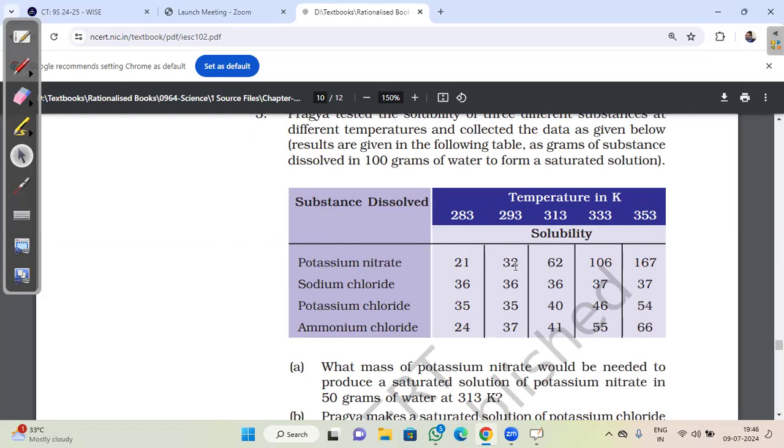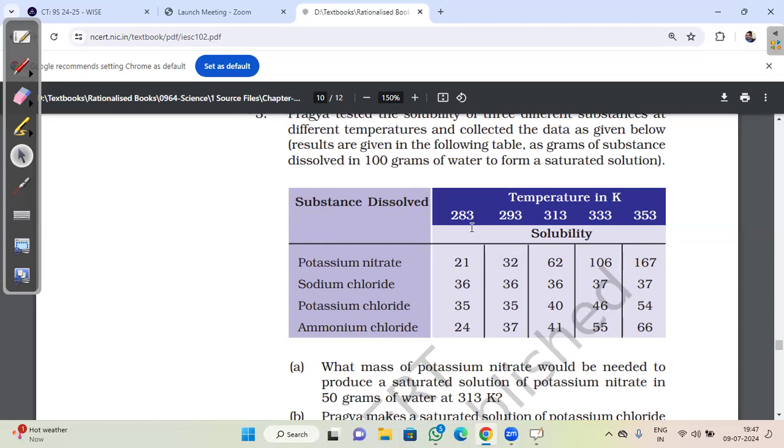These are grams, 21 grams in 100 grams of water at 283 Kelvin.